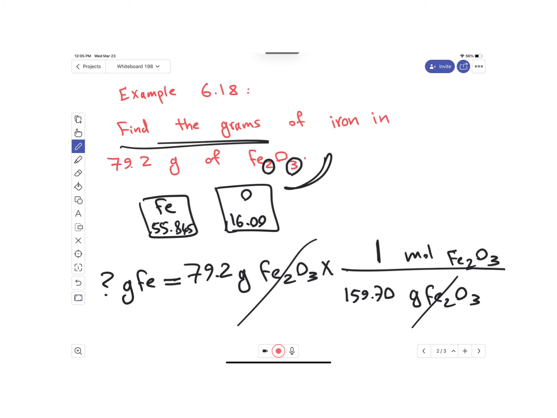So this number multiplied by 2 would be moles of Fe, right? And then you convert moles of Fe to grams by molar mass, because 1 mole of that has this much of mass.